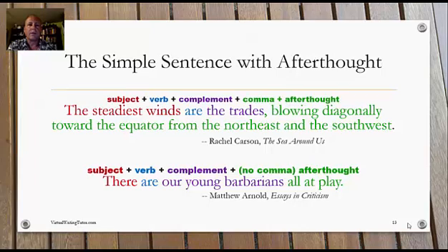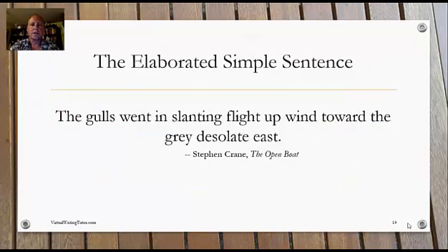Here you might be thinking that one could add one afterthought after another indefinitely, and you'd be right. In such a situation, we call this the elaborated simple sentence. And here's an example. The gulls went in slanting flight upwind toward the grey, desolate east.